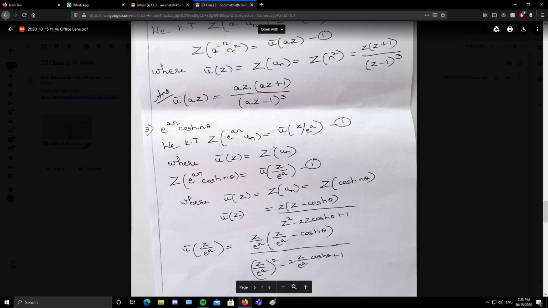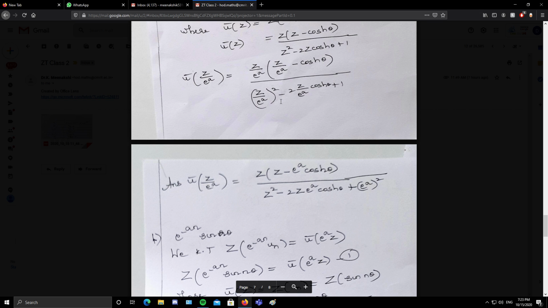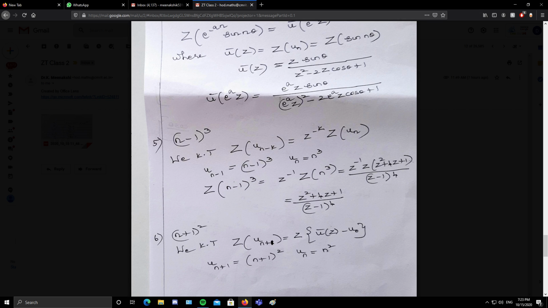So practice writing the problems. You should be thorough with the definition. So start with the definition, practice writing the proof of standard functions, learn by heart the transform of all standard functions, then have the formula page in hand and practice the problems.